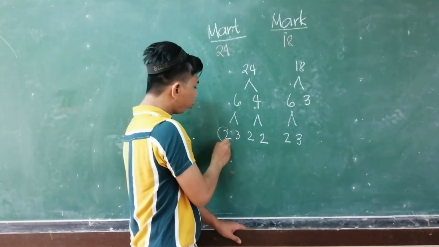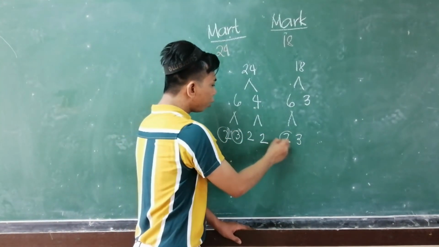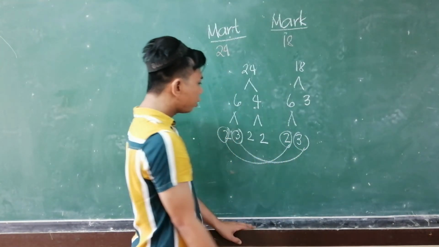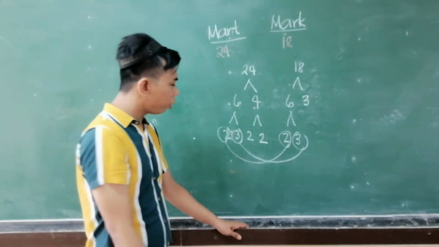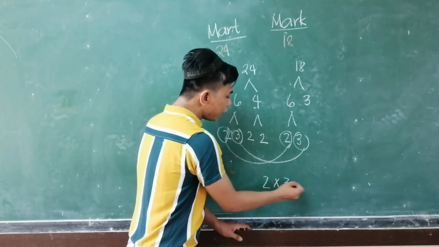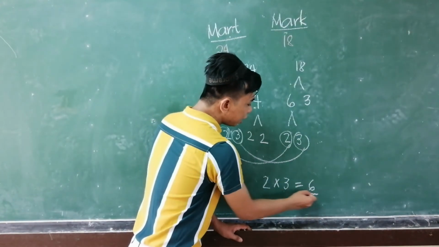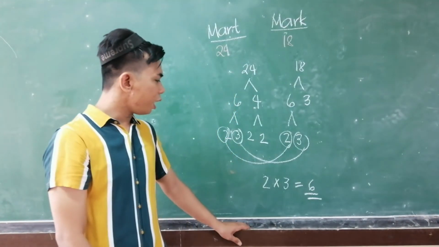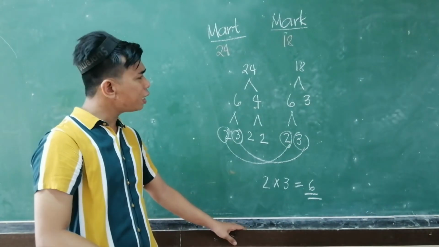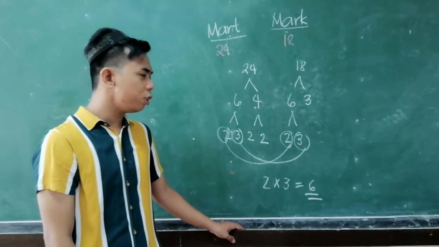We have 2, 3, 2, 3, and we pair them. Okay, so we write the pair of numbers as one. So 2 times 3 gives us 6. Okay, so 6 is what? We obtain 6 as the greatest common divisor.